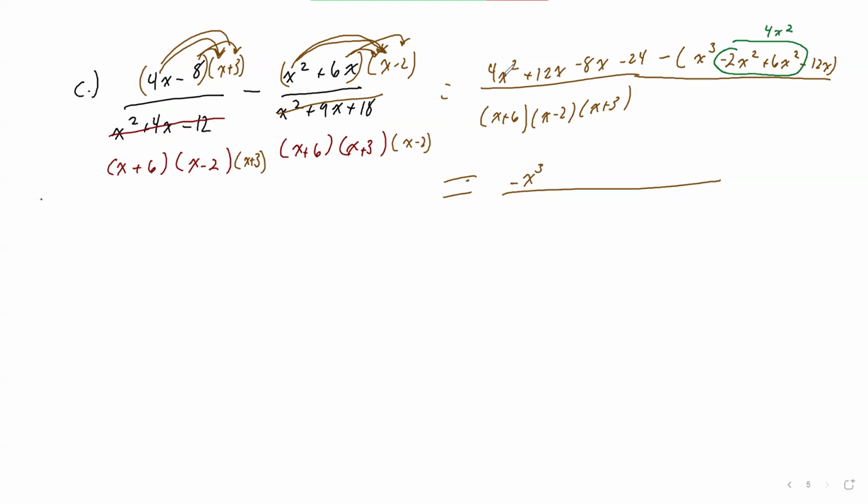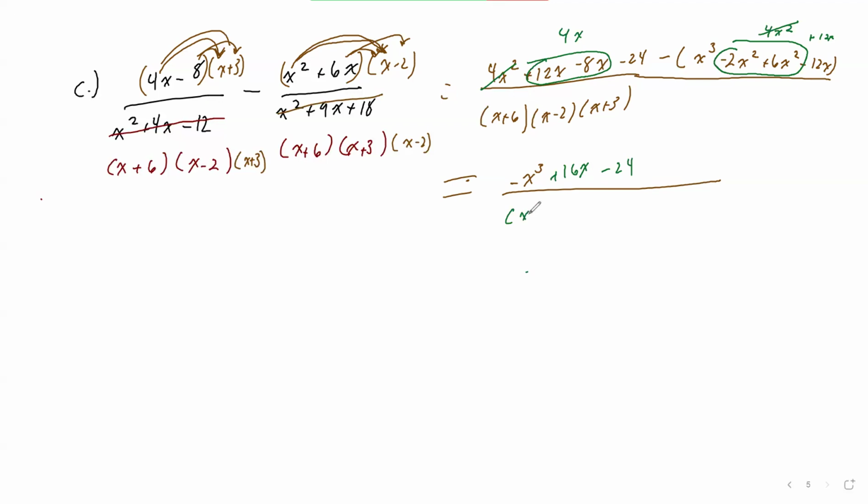So when I look at 4x squared minus 4x squared, I can see that they would cancel. I then have 12x minus 8x. That's 4x. So 4x minus a negative 12x. That would be a positive now, so that would give me 16x, and then I just have a negative 24.